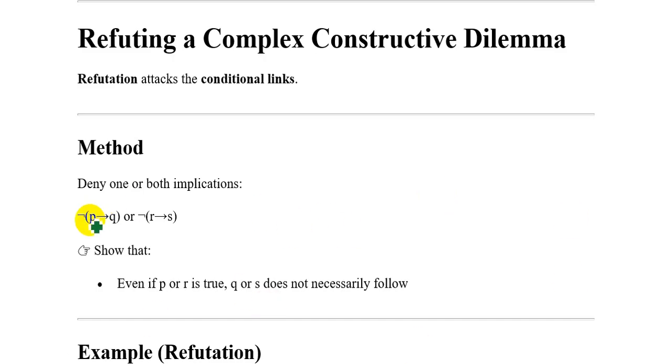So we can do it by this method also, refuting, that is, not P leads to Q, or not R leads to S. It shows that even if P or R is true, Q or S does not necessarily follow.